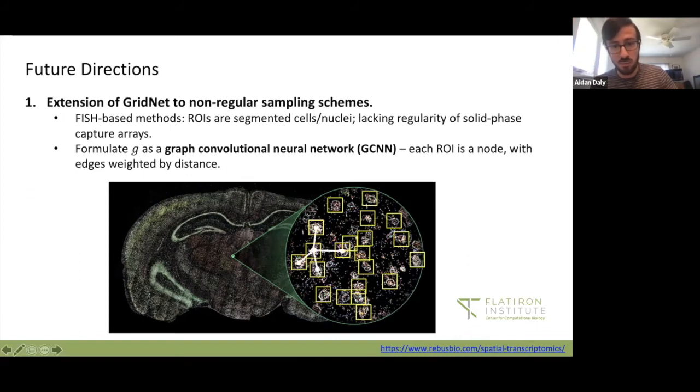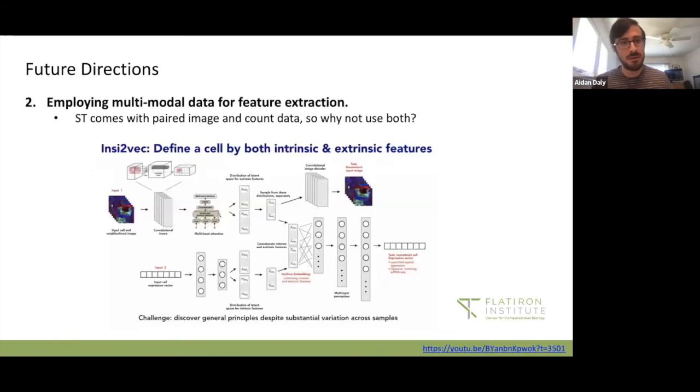If this guy has these four as neighbors, because we've decided that neighbors are within a certain radius, we update our estimate at this point based on the estimates of these neighbors. And then we scan over the whole network doing the same thing. So it's still possible. It's less efficient because you don't get to do all the fancy matrix operations, but you can still apply it this way.